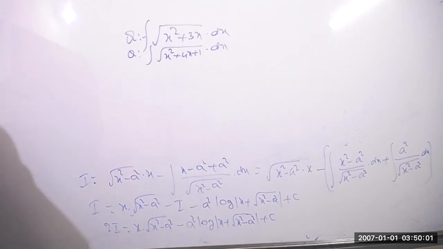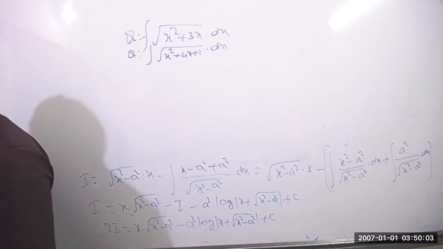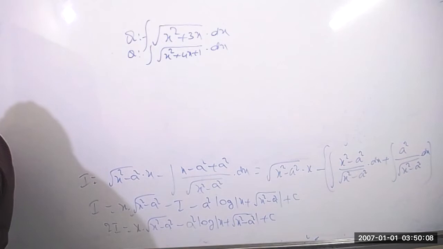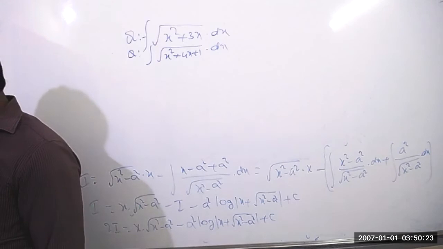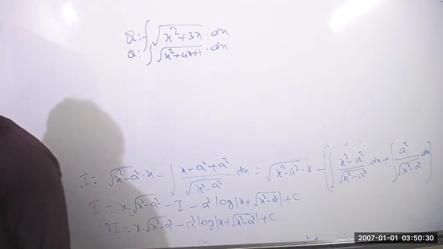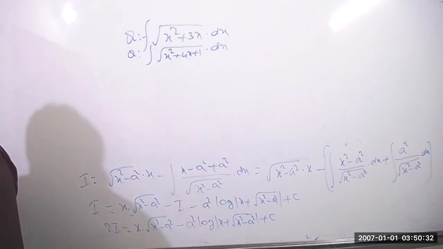First one, no? 2x plus 3 by 4. Sir, I did the second one. Then how much did you get for the second one? Sir, x plus 2 by 2 into under root x square plus 4x plus 1, minus 3 by 2 log modulus of x plus 2 plus square root of x square plus 4x plus 1, plus c. Yes, sir. Okay, very good. Correct.